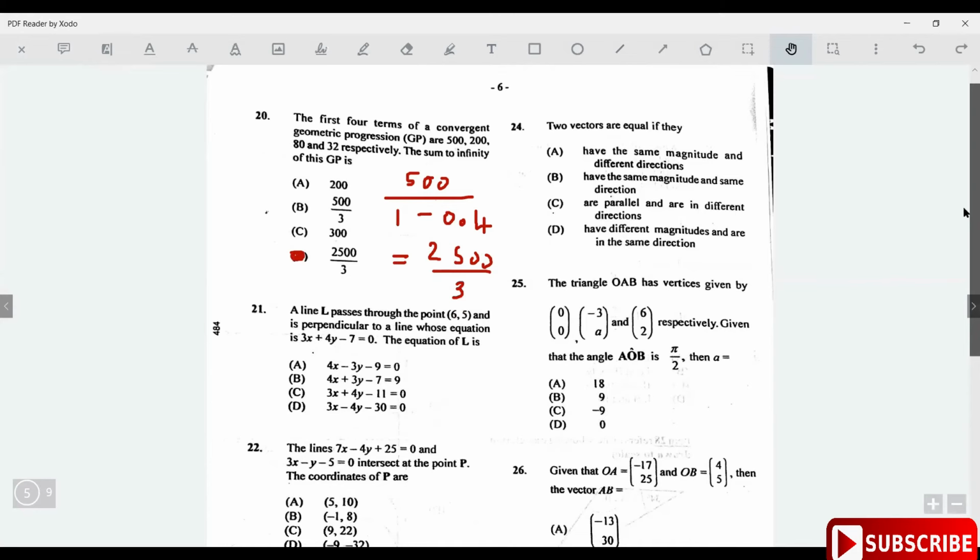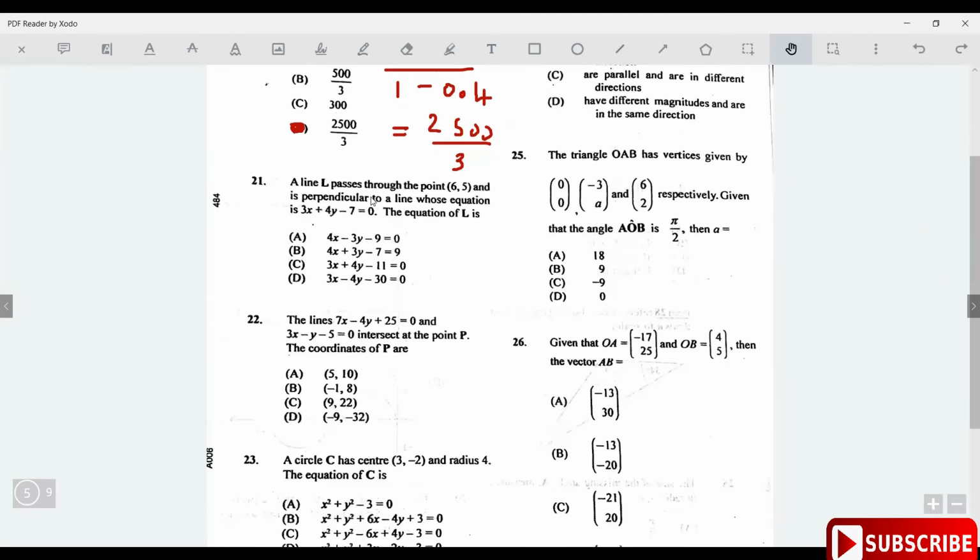Question 21 says, a line passes through the point (6, 5) and is perpendicular to a line whose equation is 3x plus 4y minus 7. Find the equation of L. So a line passes through this point and is perpendicular to this line. So this line, if you put it in standard form, you would have 4y is minus 3x plus 7.